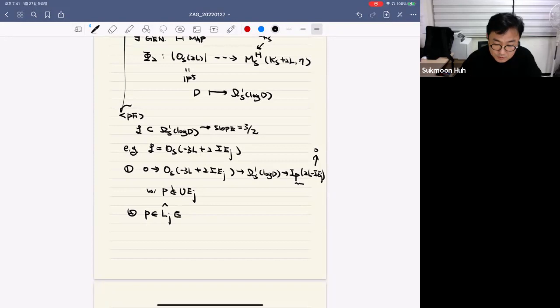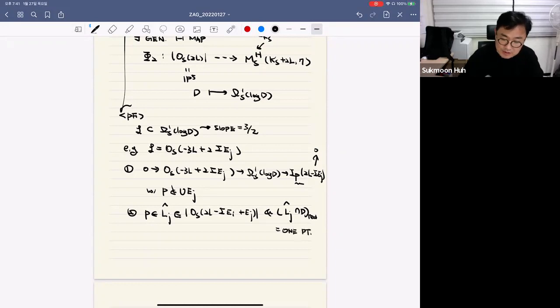So that's from O_S to L minus sum of E_I plus E_J, right? And using our key lemma, we can also show that the intersection of L_J hat with the divisor D is in fact 1 point with multiplicity 4.